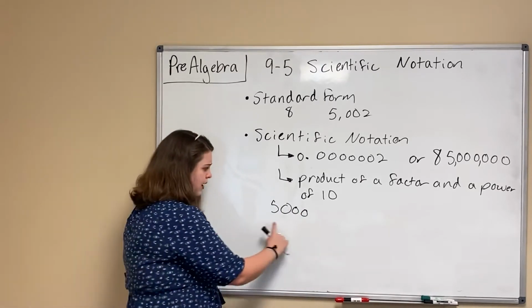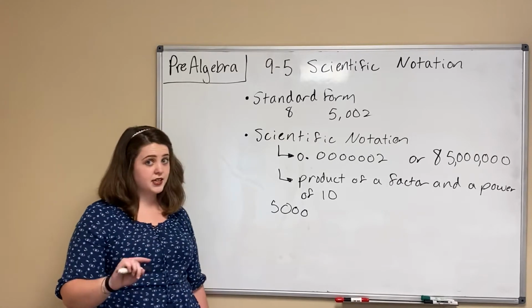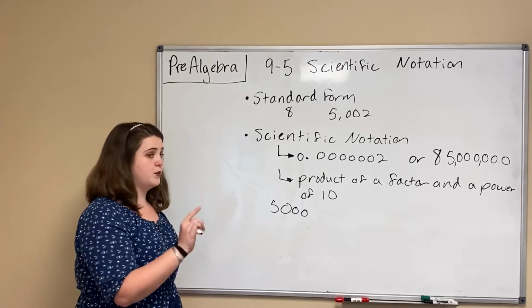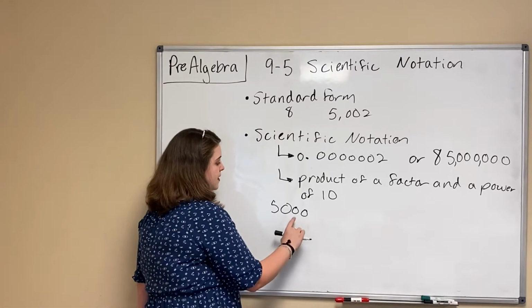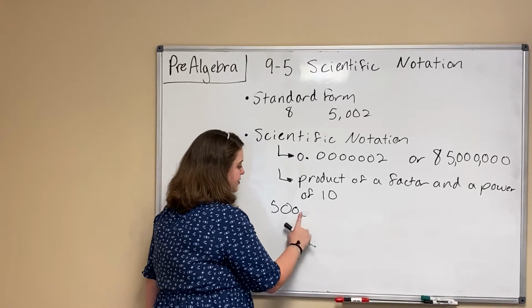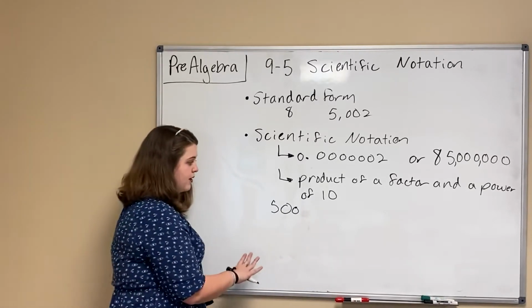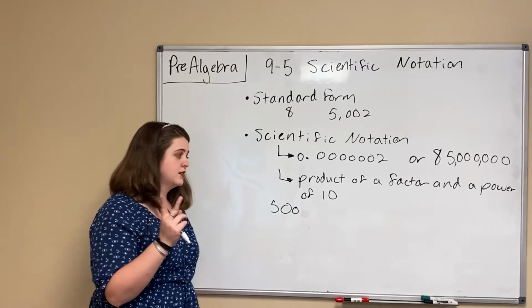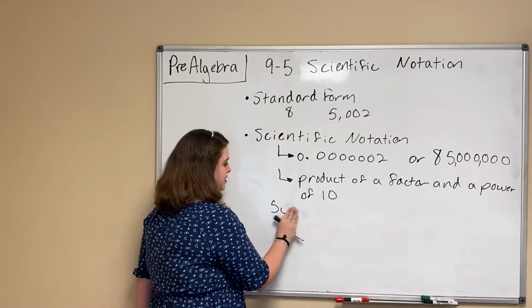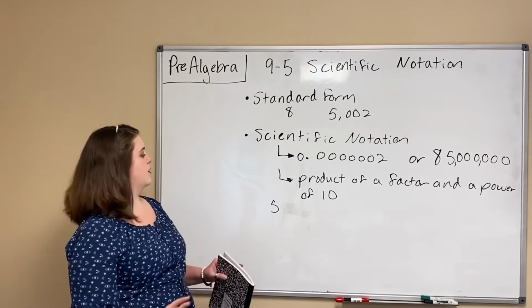Now, if I took 5,000 and I divided it by 10, that's our negative exponents, remember? When we divide, those are negative. If I divide this by 10, I take a 0 away. Now I have 500. If I took 500 and I divided it by 2 tens, then it'd be back to being just 5. Hopefully that makes sense so far.